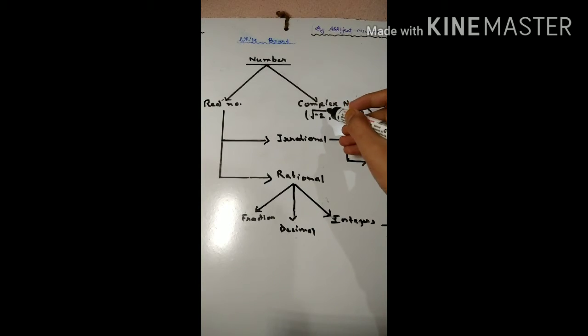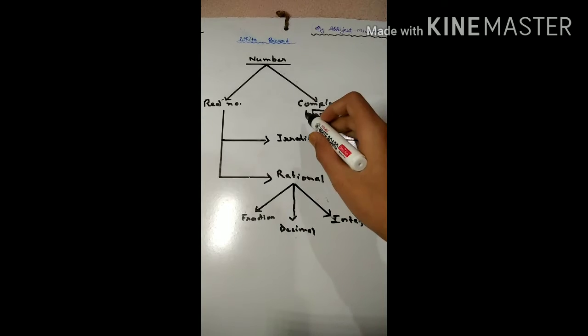Complex numbers are those numbers whose value can't be found, means whose value is not sure, like Avogadro's number. This is used in mole concept also. Negative root of any number, for example root under -2, root under -3, root under -7, but it should be the negative root of any number or negative root of any fraction, that will be a complex number.